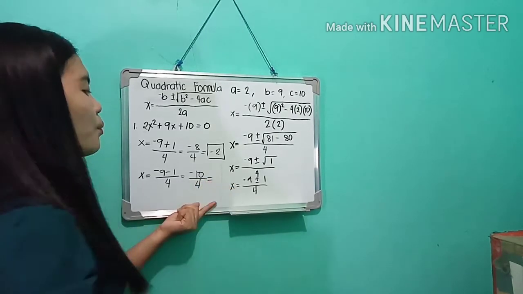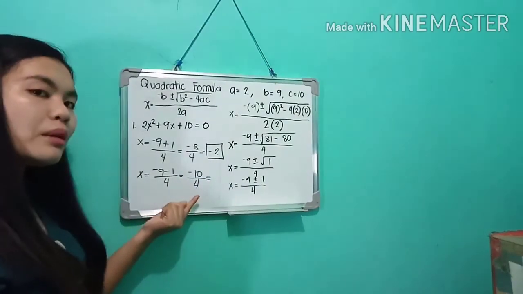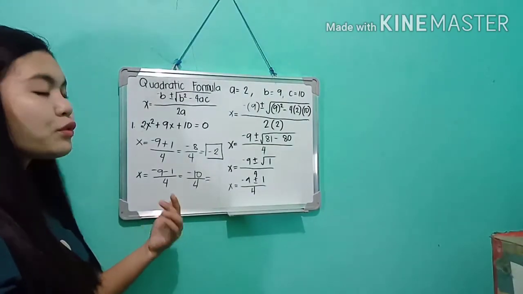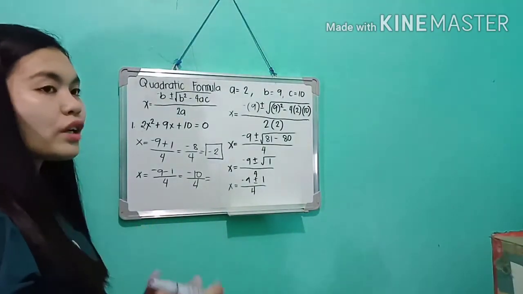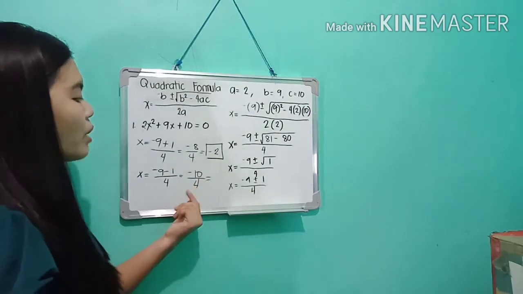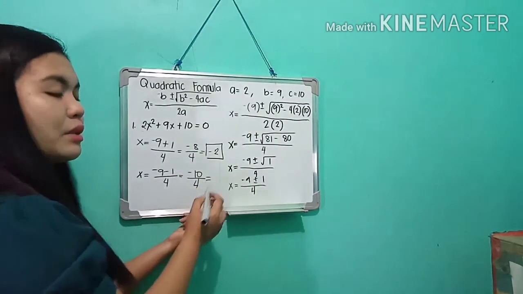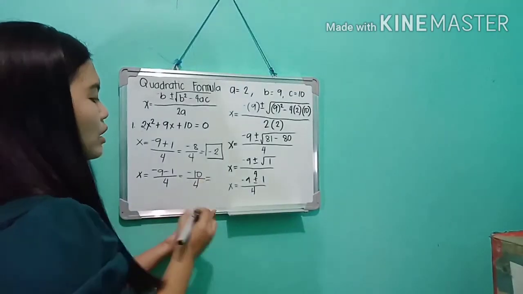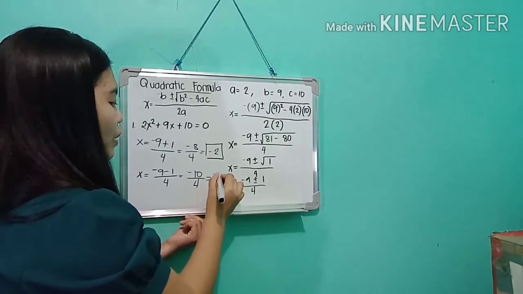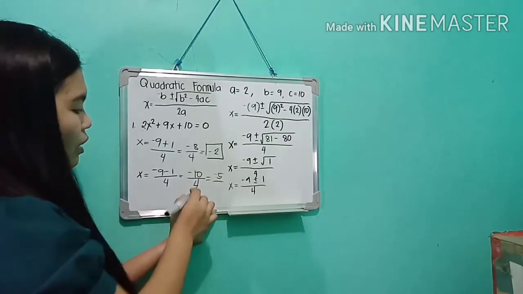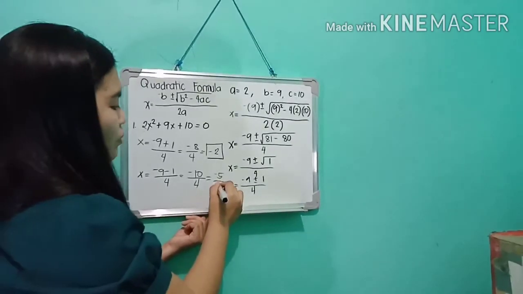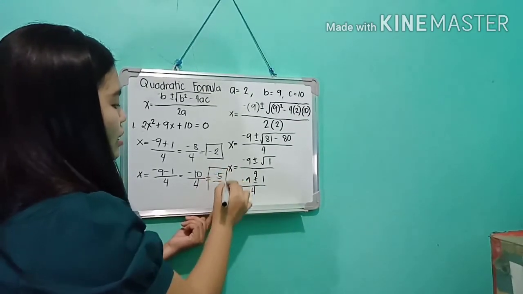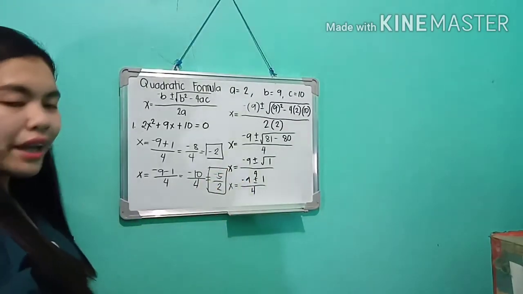Since we cannot divide it evenly, we just have to write it in lowest terms. 10 and 4 are divisible by 2, so 10 divided by 2 is negative 5, and 4 divided by 2 is 2. And this is the second value of our x.